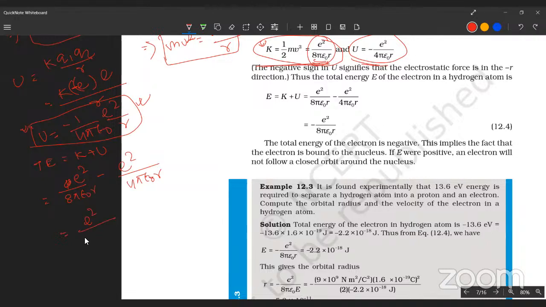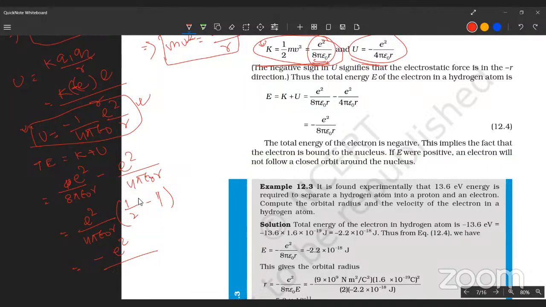E square by 4 pi epsilon naught R is common. So it is 1 by 2 minus 1, which is half minus 1, that is minus half. The total energy you are getting is negative, which means attractive energy.